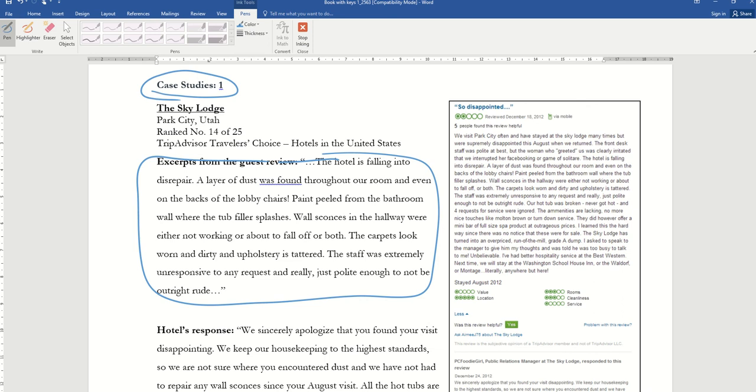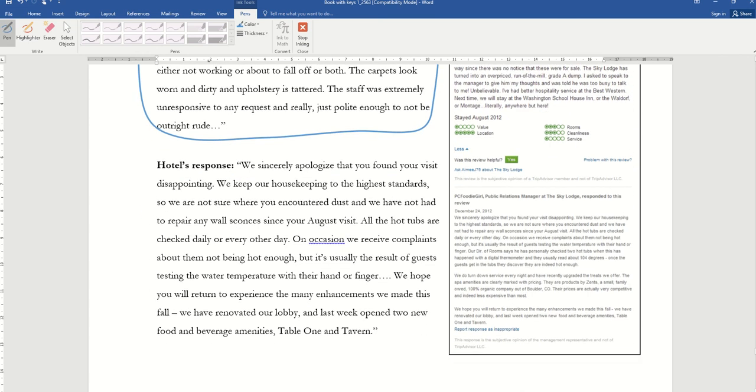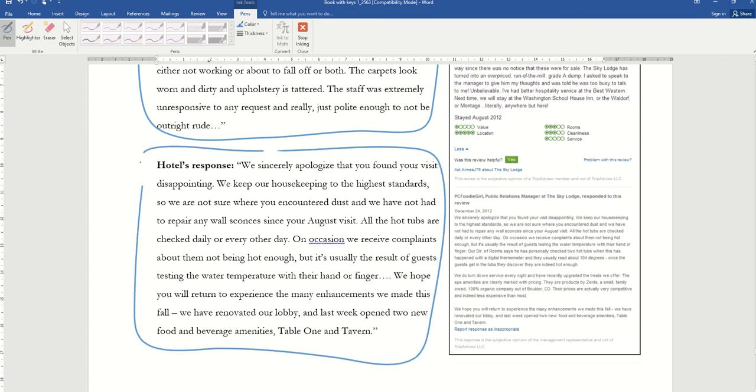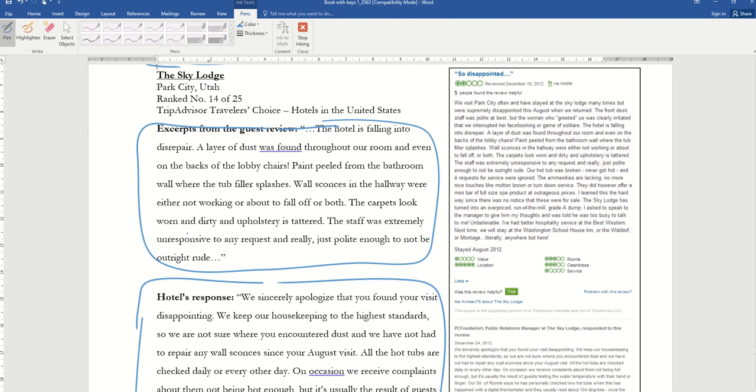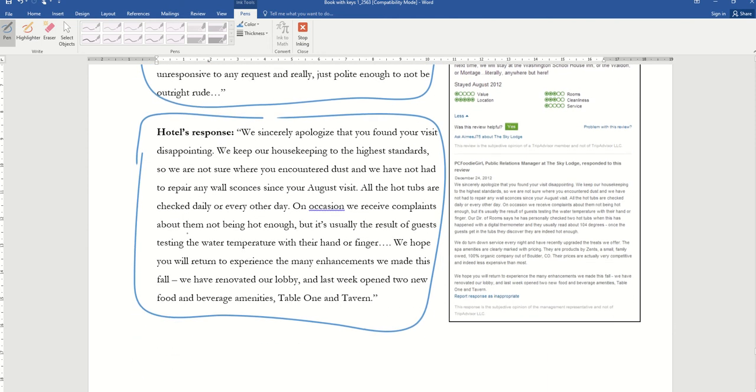Okay, so this is the review, and down here is the response from the hotel. I will skip the excerpt parts, but I will talk about the hotel's response because I would like you to see the structure of saying sorry. But this is in the written form.